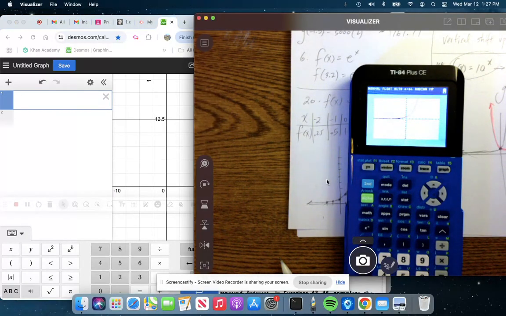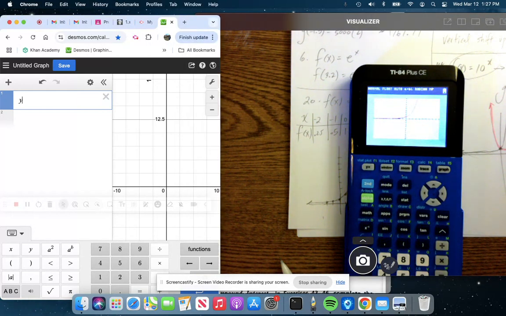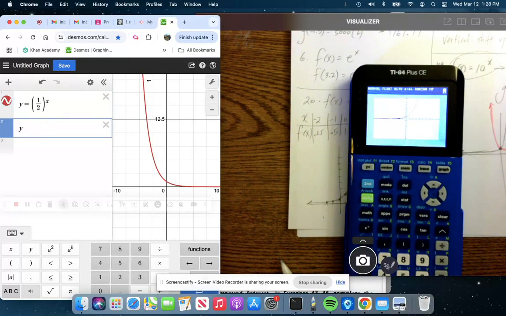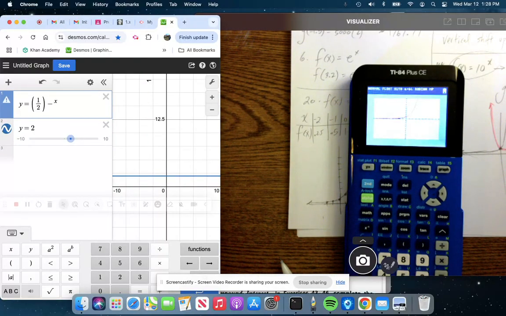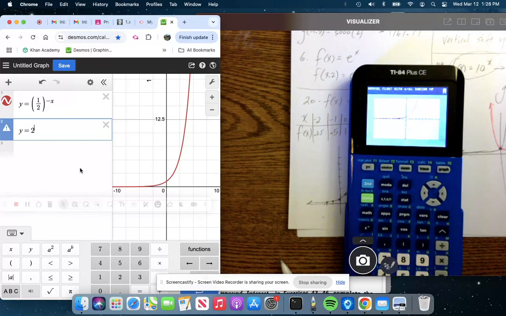All right, let me do it on here too. Y equals 1/2 raised to -x, versus y equals 2 raised to the +x.